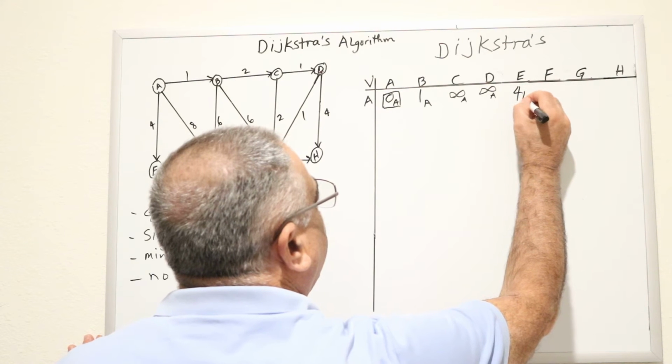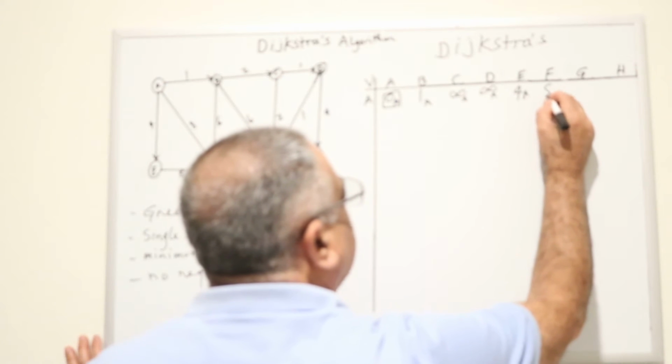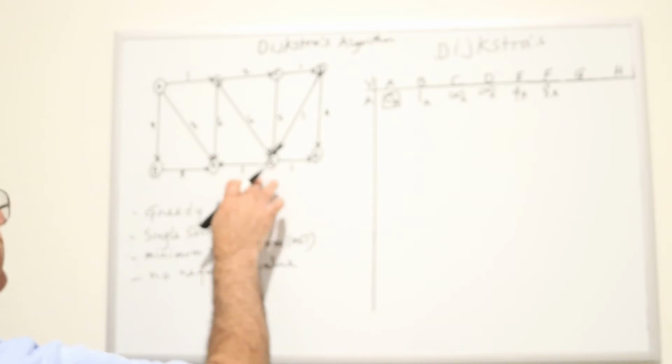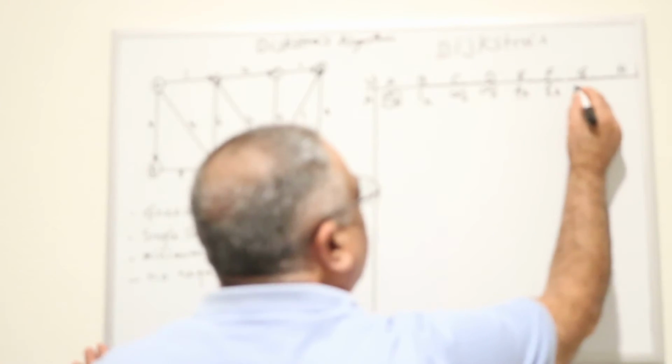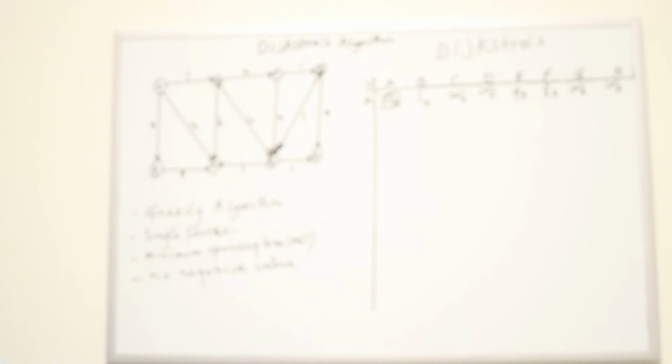So coming from A, going to E, it's 4. A to F is 8, so this is 8 here, coming from A. A to G, it's infinity, there's no direct link, and likewise H. There is no direct link to H from A.